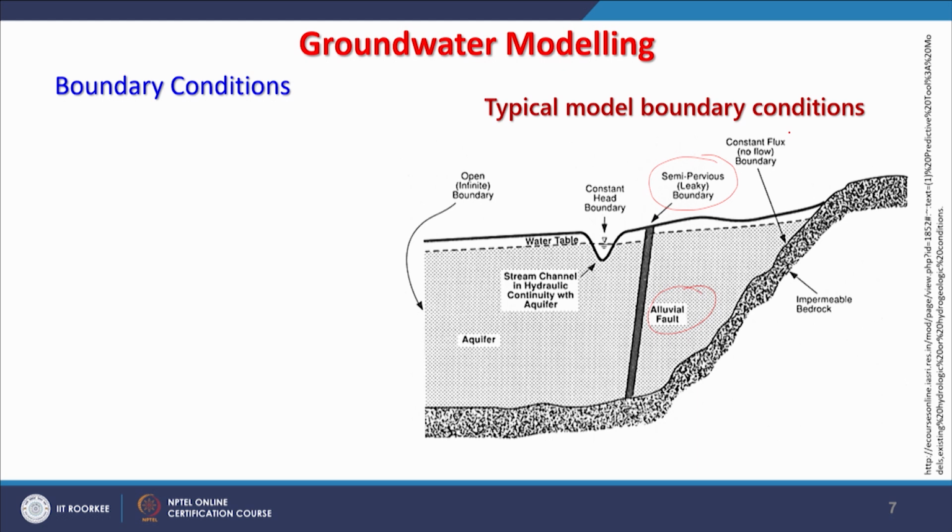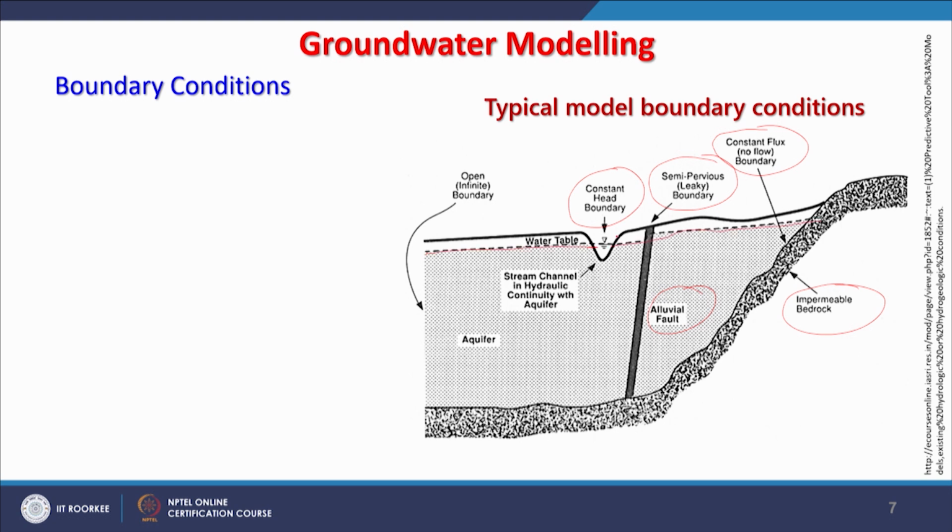Another type of boundary is the constant flux or no flux, because you have a completely impermeable bedrock. If you go much deeper in the Indo-Gangetic plain, people expect that we might get consolidated rocks at the basement. So, at the bottom also it becomes a boundary, a bottom boundary condition. Now, here is constant head, because you have a stream, a river, and as you can see the water table is here.